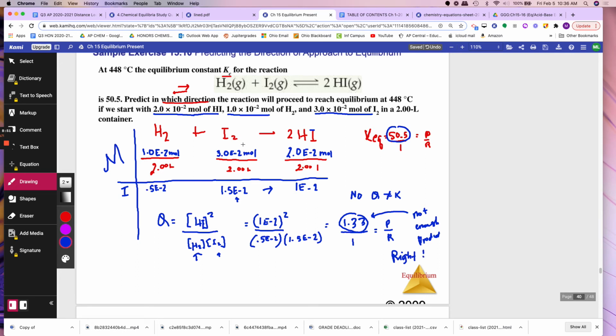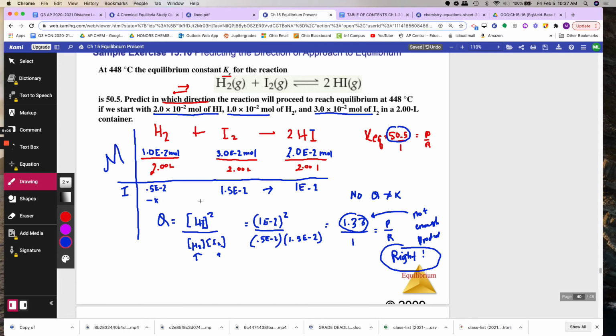And that is pretty much all they're asking. Which direction will it go? You're going to say it's going to the right. If they wanted you to go further, if it's going to the right, then that means you're going to do minus x here, minus x here, and you use these to become this. But they're not really asking that, maybe for a future problem.